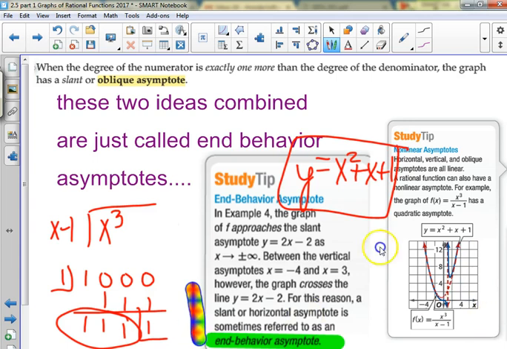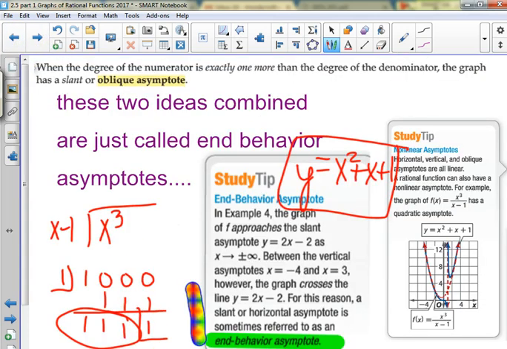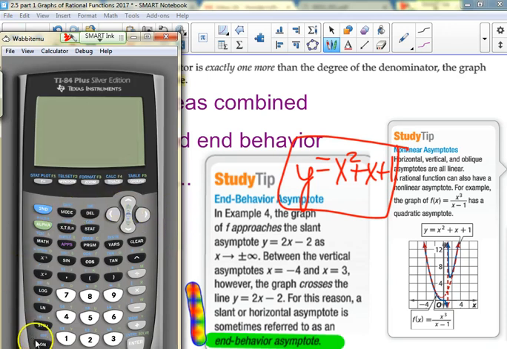If I type this in my calculator, x cubed over x minus 1, and I zoom out a couple times, it will just look like a parabola. Type x cubed divided by parenthesis x minus 1. Start with a standard window.